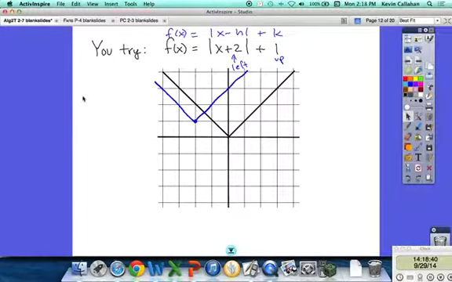So the vertex is -2, +1. What is the equation for the axis? It's an equation, right? Got a variable in it. X equals -2, right? Right, it's this thing. They're the same.